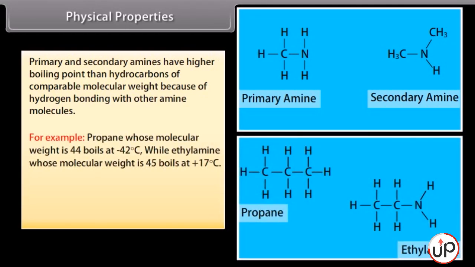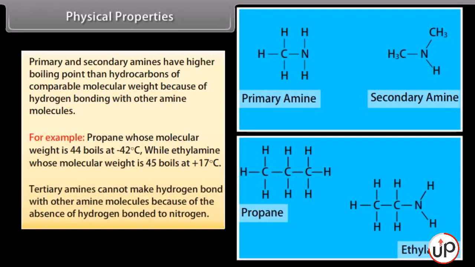For example, propane, whose molecular weight is 44, boils at -42 degrees Celsius, while ethylamine, whose molecular weight is 45, boils at +17 degrees Celsius. Tertiary amines cannot make hydrogen bonds with other amine molecules because of the absence of hydrogen bonded to nitrogen.